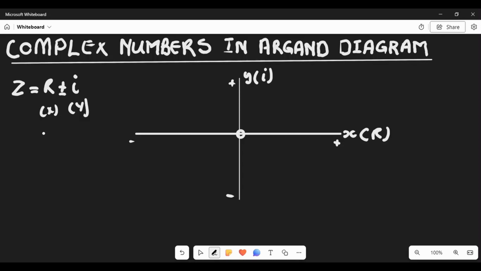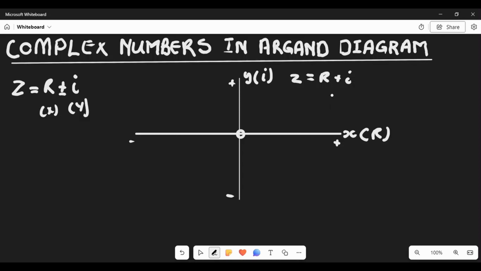So when you draw your Argand diagram, for example, let's say you have this complex number that I'm gonna write here on the first quadrant. We have a complex number, and the real number of this complex number is positive, and the imaginary number of this complex number is positive as well.